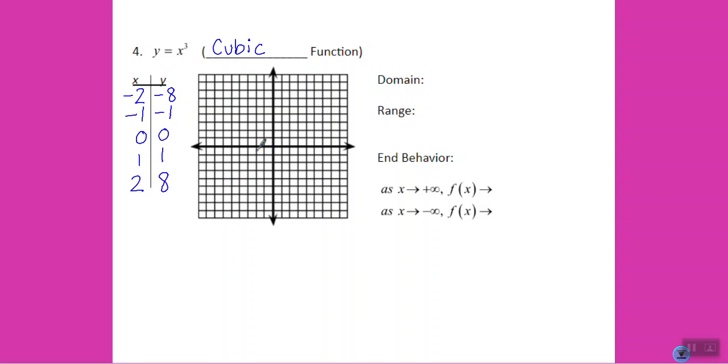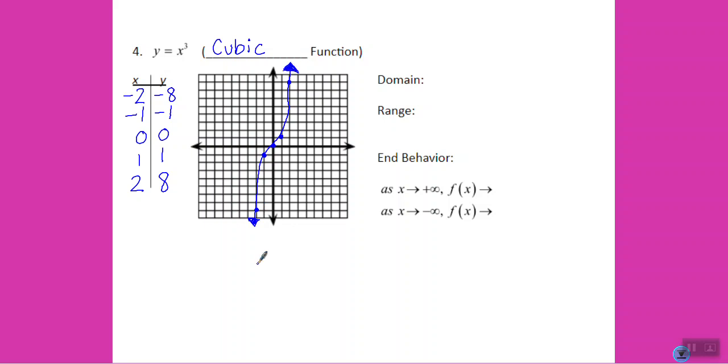So -2, -8, -1, -1, 0, 0, 1, 1, and 2, 8. This kind of makes a sideways S shape, and arrows on both ends because it continues forever.